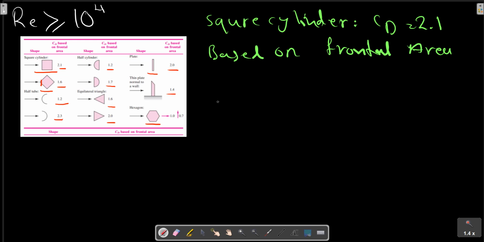There are also other shapes with information on drag coefficients which are provided in this picture.